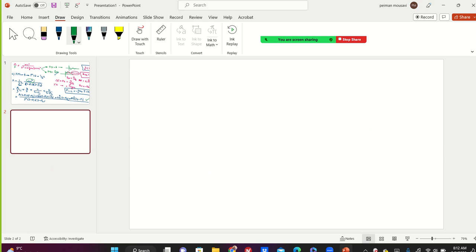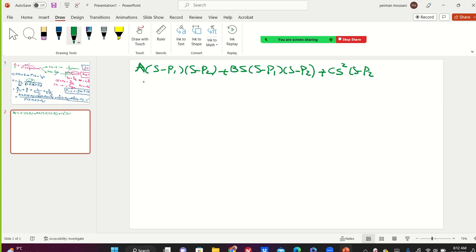So I'm writing here for simplicity: A(s minus p1)(s minus p2) plus Bs(s minus p1)(s minus p2) plus Cs squared (s minus p2) plus Ds squared (s minus p1) is omega n squared.